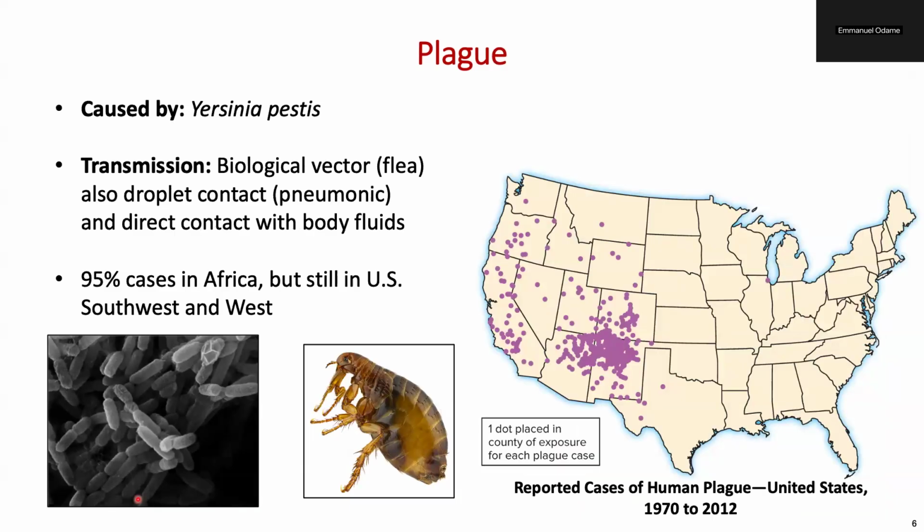It's caused by Yersinia pestis, and transmission is through a biological vector, which is flea, and also droplet contact. We also have direct contact with bodily fluid. There have been about 95 percent of cases in Africa, but we still have some cases within the US.